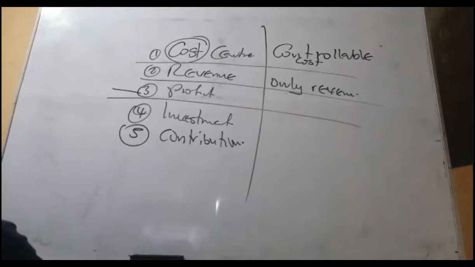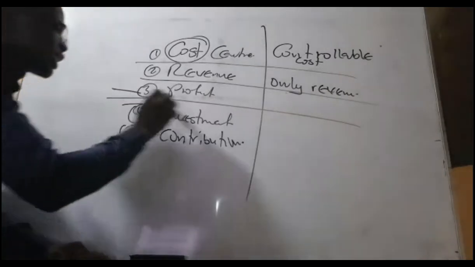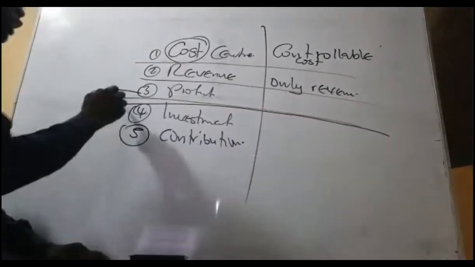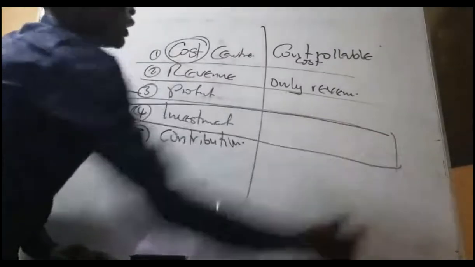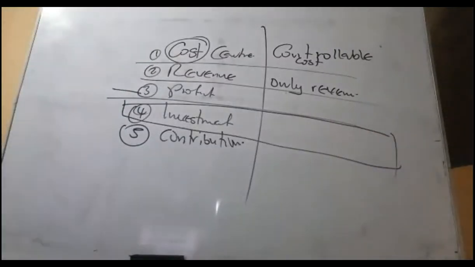Now, what are we going to use to measure the divisional performance, especially if we are the investment center? Investment center, you are interested in the sales prices and the investment in non-current assets.